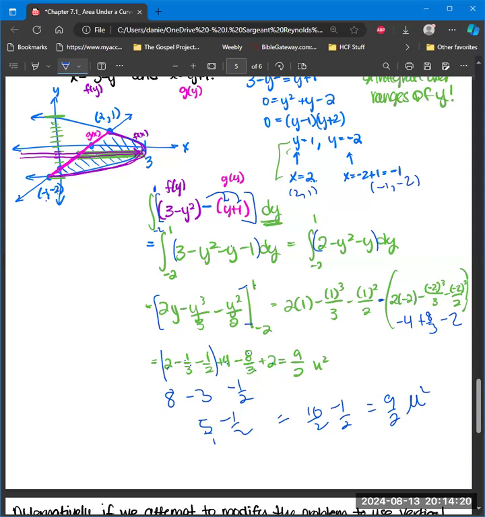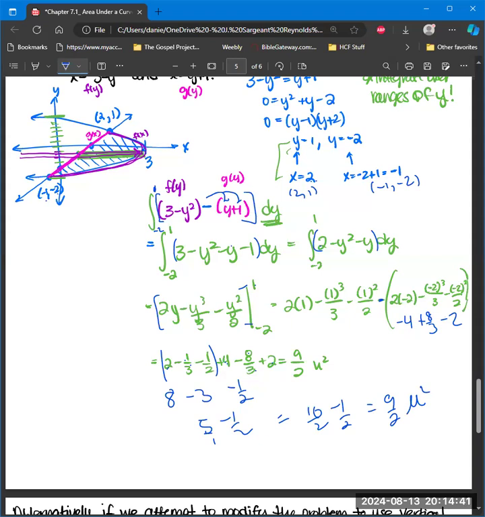I don't know if you noticed this, but it's actually the same thing as example 1. We just turned example 1 on its side, kind of, and got the same answer there.